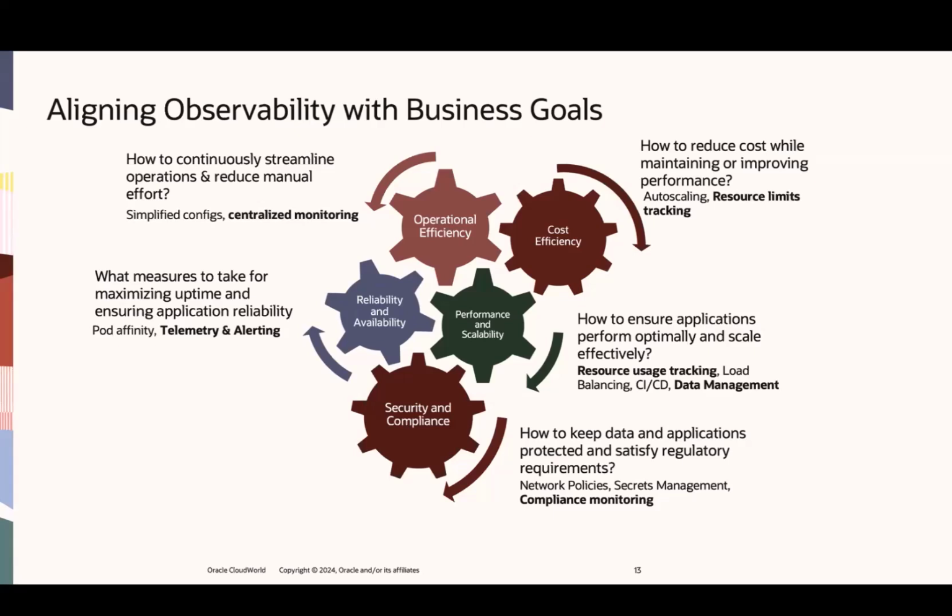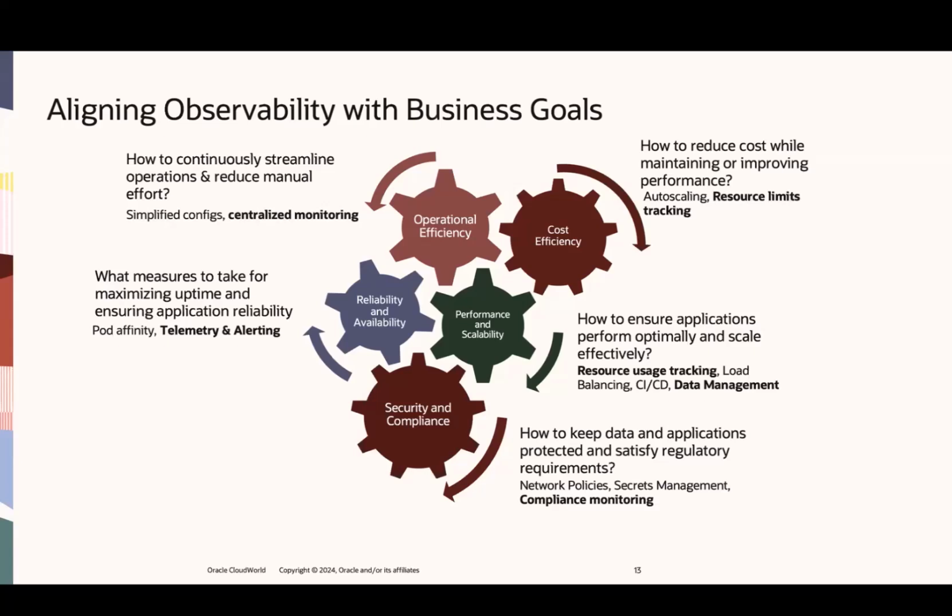Now, this is just a guideline here that these are different levers available for different businesses. And depending upon the maturity level of a specific organization, or depending upon the time of the year also, there are different requirements in terms of cost efficiency, in terms of security and compliance, and performance and scalability. So your mileage may vary.